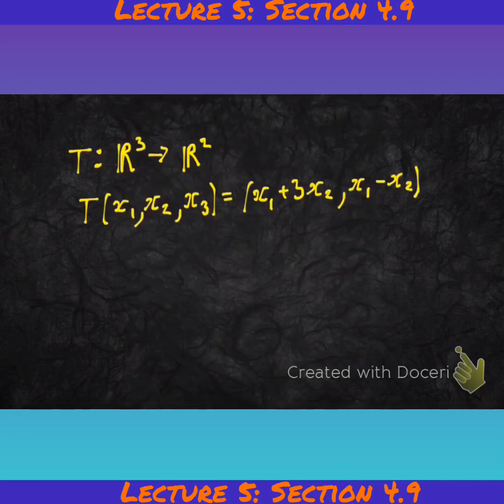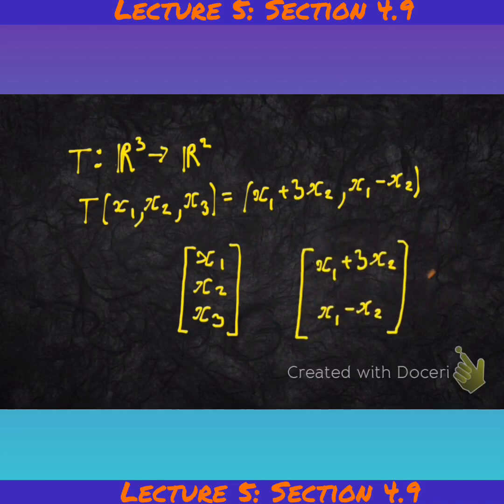So there's my transformation T, and I want to find the standard matrix for it. I take the vector x1, x2, x3 to the vector x1 plus 3x2 and x1 minus x2, and I want to find the matrix that I have to multiply with the vector x1, x2, x3 to get whatever I have on the right hand side.